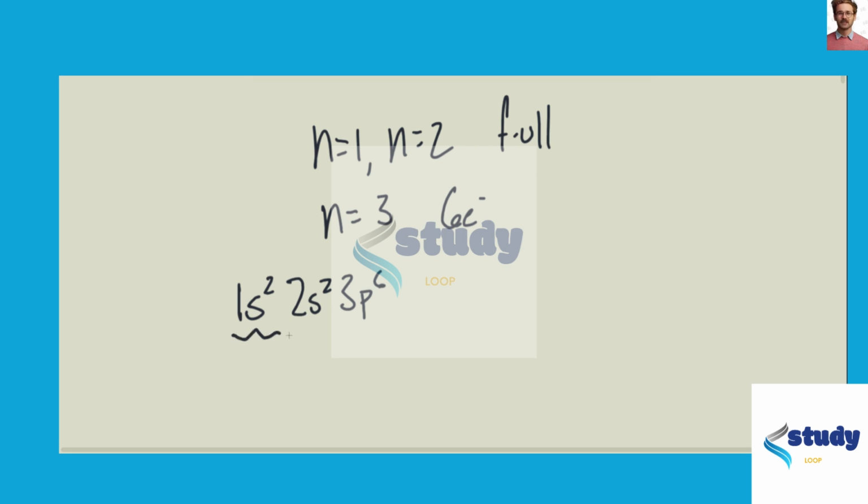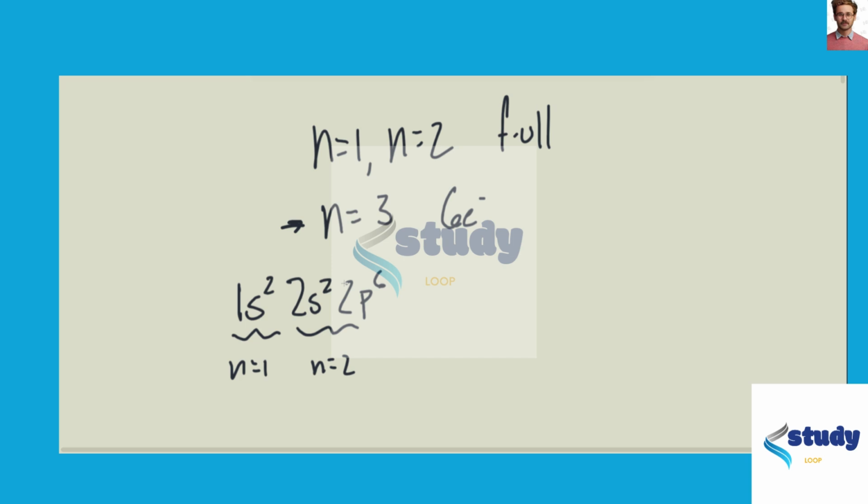That's what it means. So this would be n equals 1 being filled, and, oops, I wrote 3p instead of 2p. And this is what n equals 2 being full means, okay?